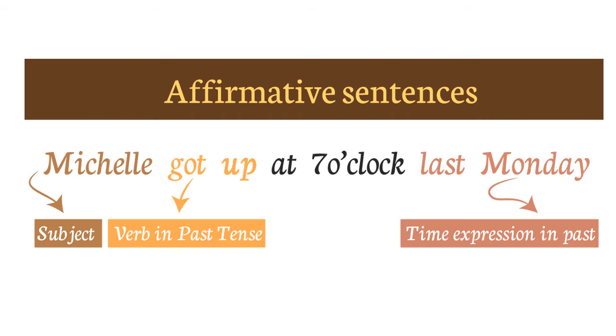Then the time expression, this is important in simple past tense. Poner el tiempo, en qué tiempo estamos hablando. En todas las oraciones tenemos expresiones, ¿verdad? Las expresiones de pasado pueden ser last Monday, el anterior lunes, last Sunday, el anterior domingo, last month, el anterior mes, okay, 2 days ago, 2 días atrás. Those are the time expressions in the past.